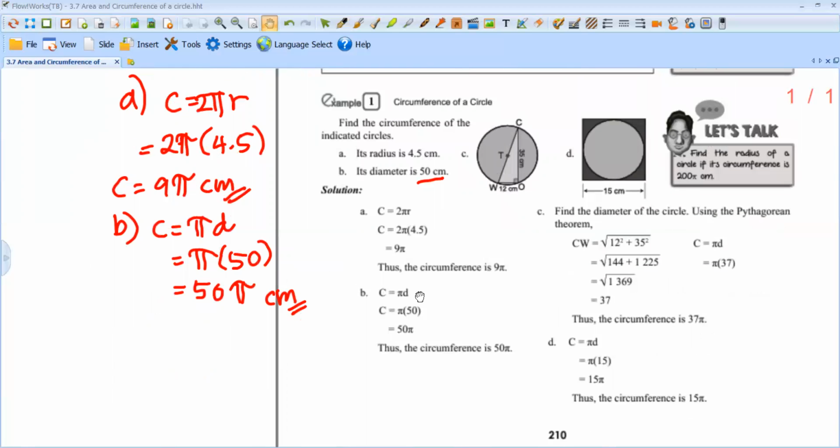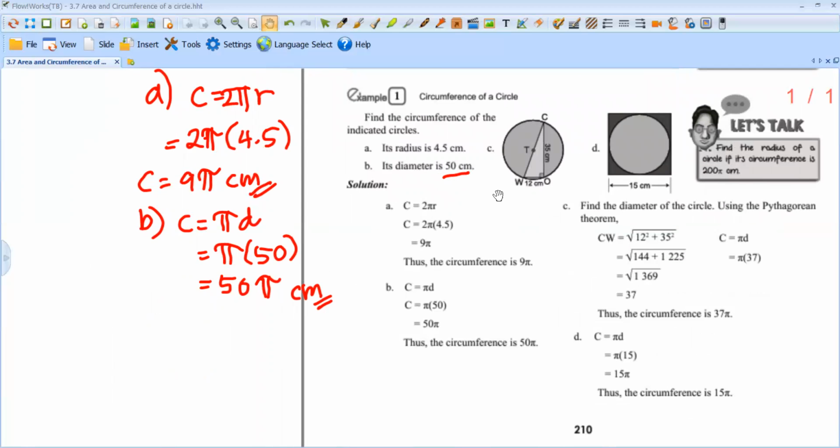And letter C. Since CW is actually the diameter, we cannot use 35 and 12 directly, but we can use the Pythagorean theorem.